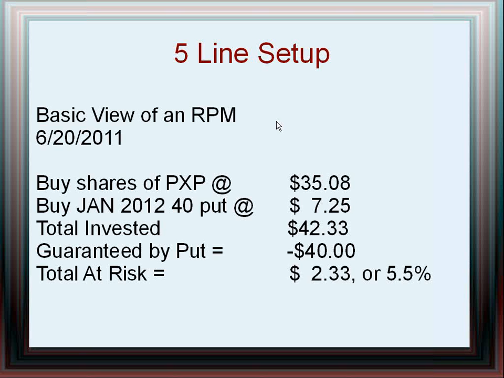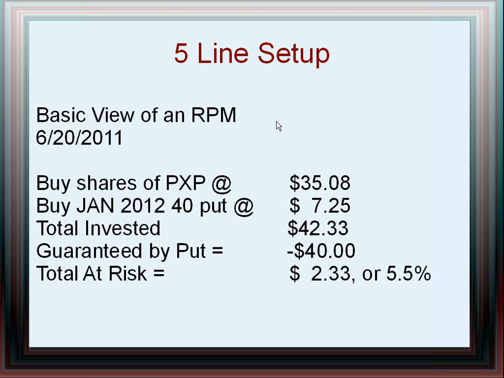The problem with that position is that if I bought the 30 strike put for 80 cents, now the $35 stock needs to drop 5 points before that insurance policy kicks in. So I would lose $5 and the 80 cents. That would be my risk, $5.80 off an investment of about $35.80. That's too high of a risk to take. Plus, my insurance runs out in 30 days, 35 days.